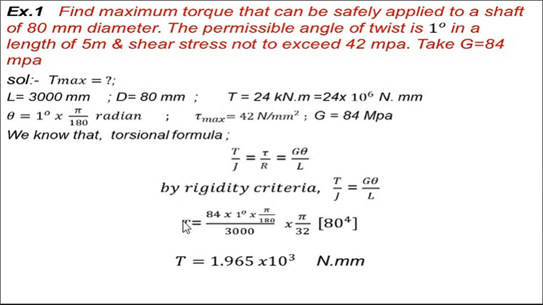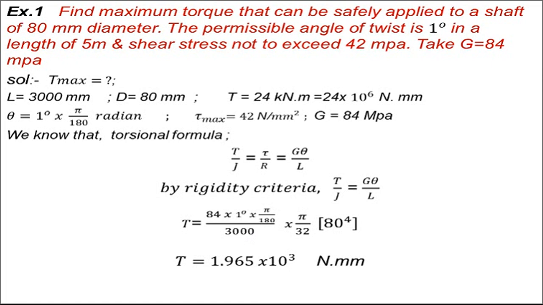We have to calculate that torque: 84 into 1 degree multiplied by pi by 180, converted into radian, divided by L 3000, and J is pi by 32 into 80 raised to 4, which is the polar moment of inertia. After solving, we get T as 1.965 into 10 raised to 3 Newton mm. This is the torque by the rigidity criteria.